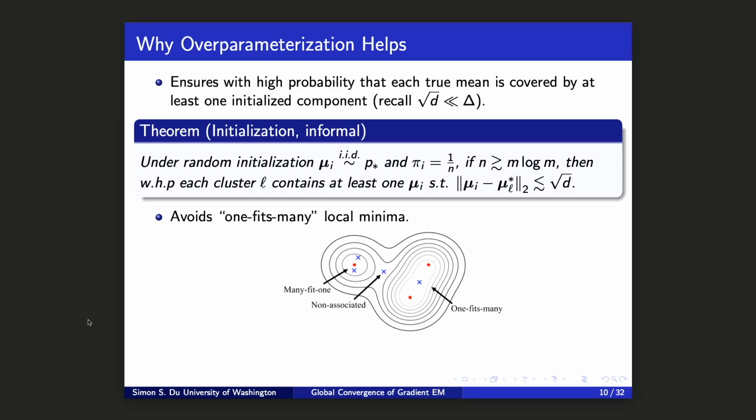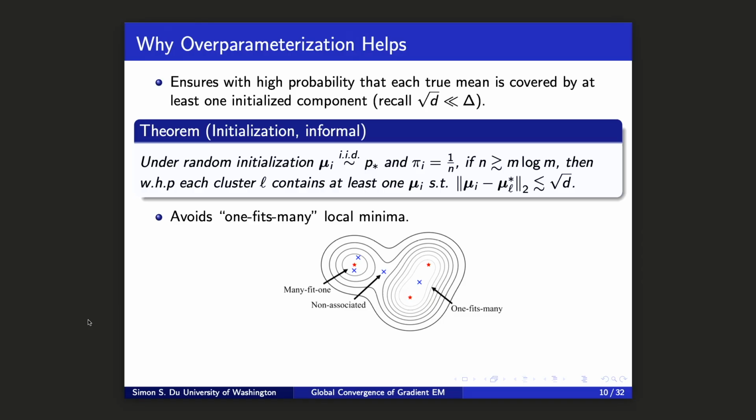So this is actually a failing case. Here you have two initializations that are close to this mean, one initialization close to this mean, and this one is far away from these three. In this case, if you run a simulation, you will see that it gets stuck at some local minimum. There is a paper on this phenomenon called one fits many.